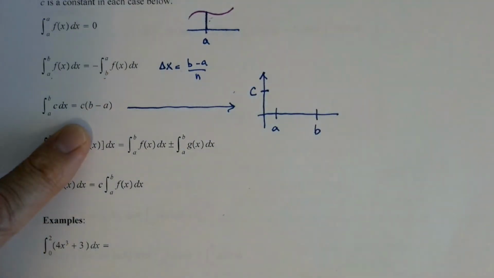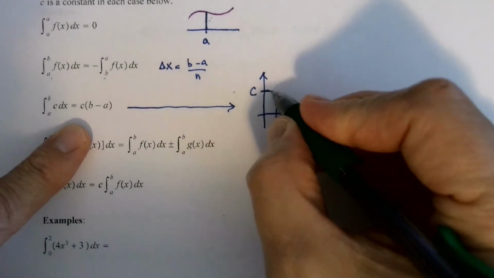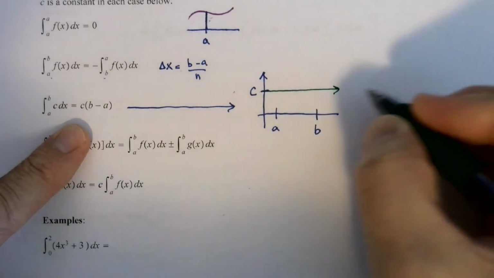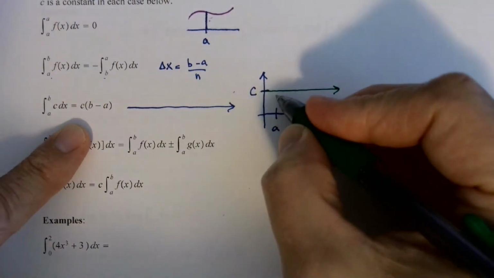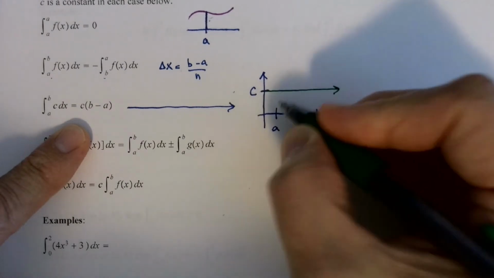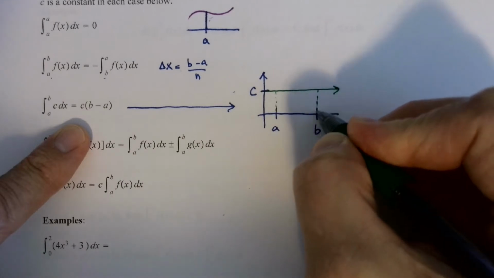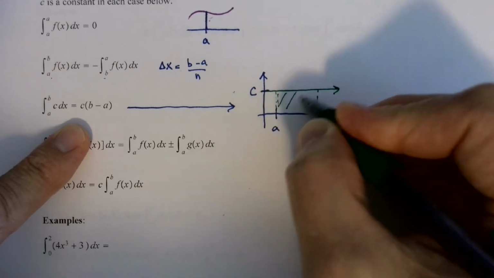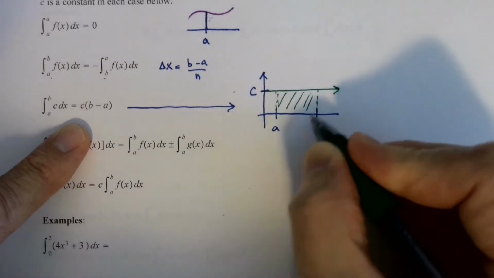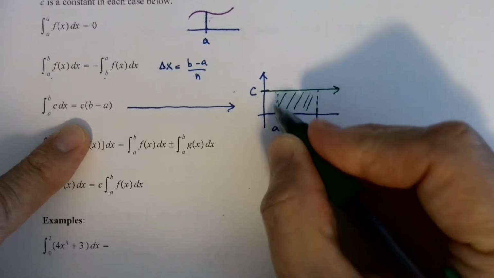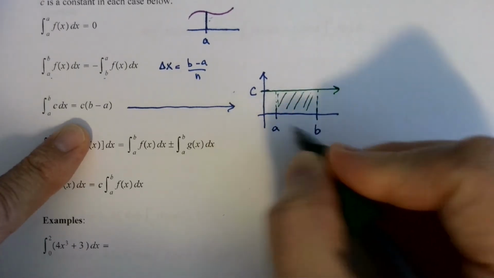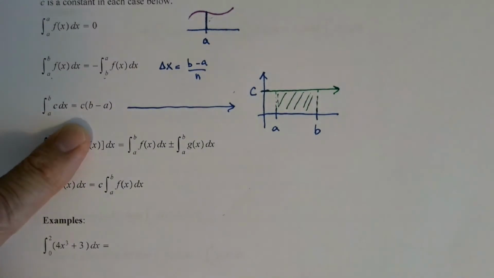The output for any input is equal to c, and so we just have this horizontal line. Assuming c is positive, as I've drawn it here, the area under the curve from a to b would indeed be a rectangle. And the area of a rectangle is the height, which is c, times the base, which would be b minus a, and hence that's where we get that from.